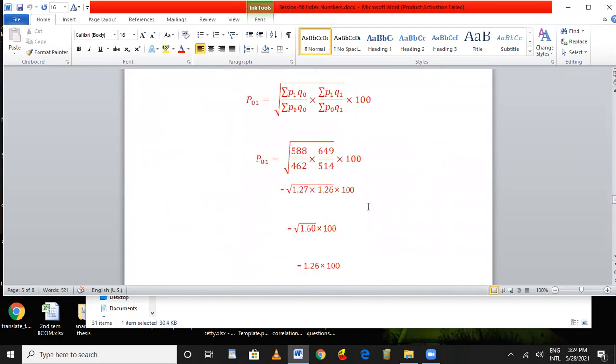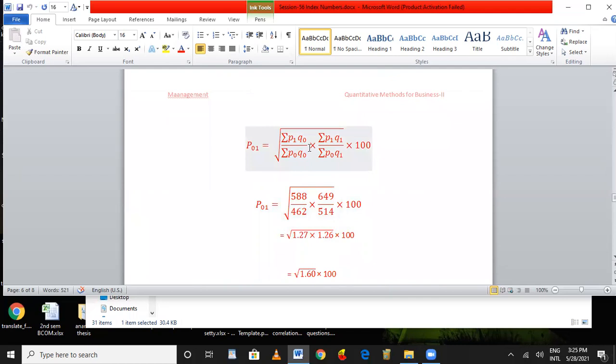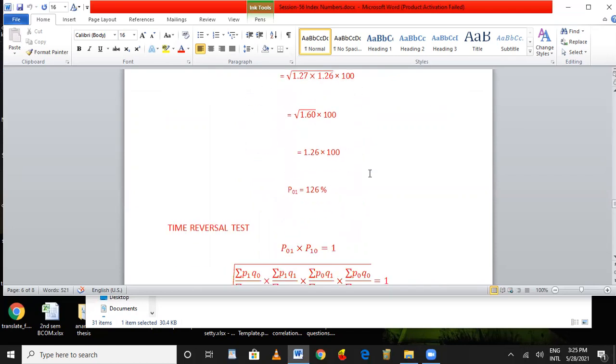Substituting in the formula, Irving Fisher's index number is the square root of sigma P1 Q0 divided by sigma P0 Q0 into sigma P1 Q1 divided by sigma P0 Q1, into 100. By applying this formula, we got P01 as 126.